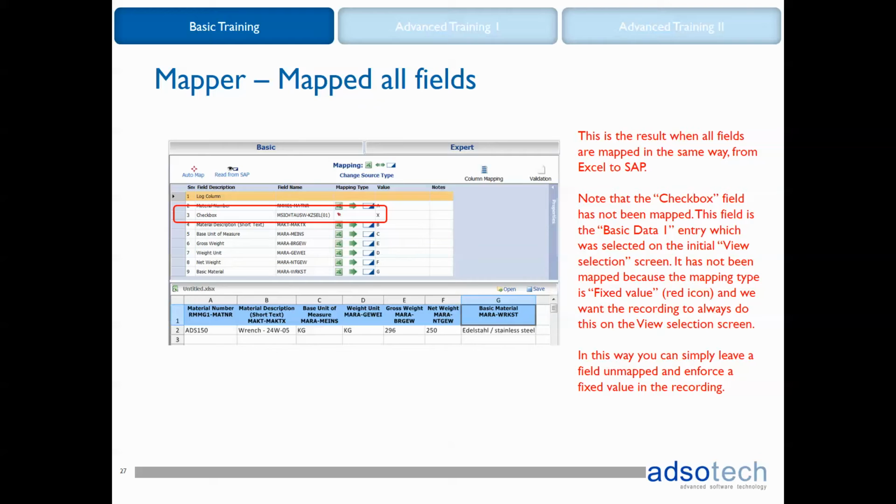The easiest way to accomplish that is simply to not drag and drop that field at all. Leave it as the red pin, because that's what all of these are by default when we have just finished our recording. And then check that the value given in the value field is the correct one. And if it needs to be changed, try double clicking the value and changing it to whatever it needs to be.